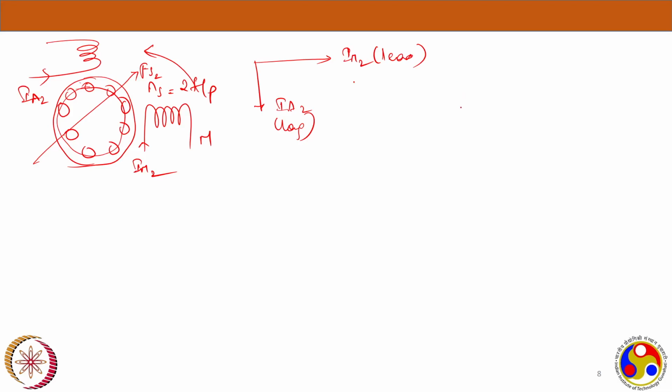Suppose now, let's say our rotor is rotated by some external force in the clockwise direction, NR. So this is the direction we are giving NR. Forcefully we have given some rotation to our rotor.